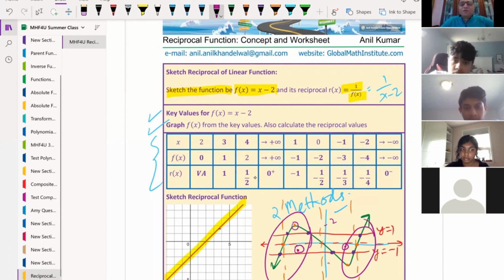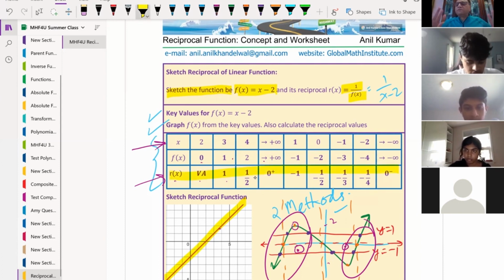So we'll go with the Hamza approach first, which is just plug in the values of x, get f of x, and find r of x. 0 gives me a vertical asymptote, 1 gives me 1, 2 gives me half, approaching infinity gives me approaching 0, plus infinity means +0, minus infinity means -0, and I've got all my points. So these values of the reciprocal function will accurately give me the graph.